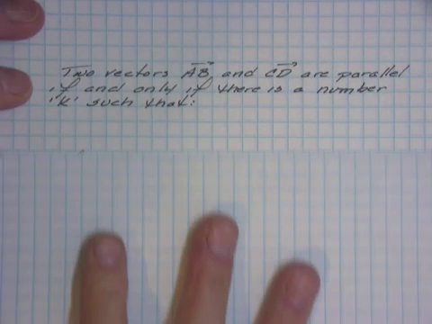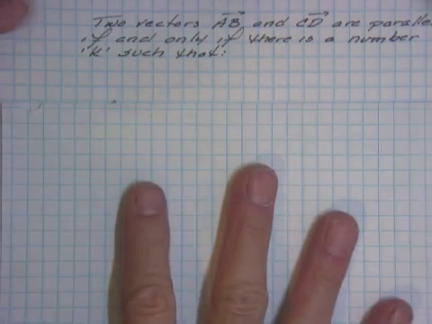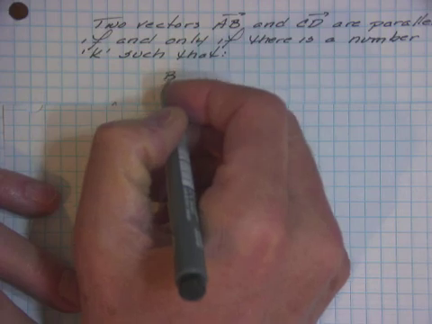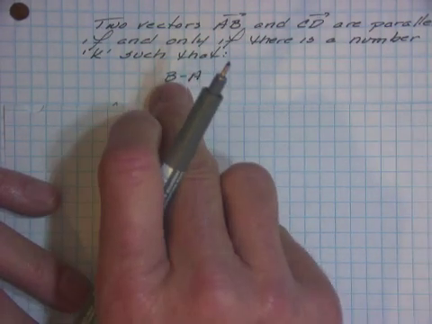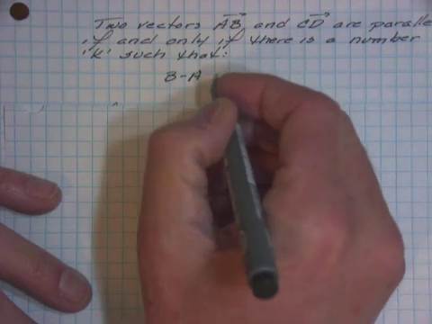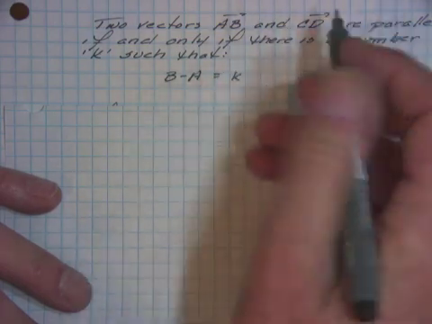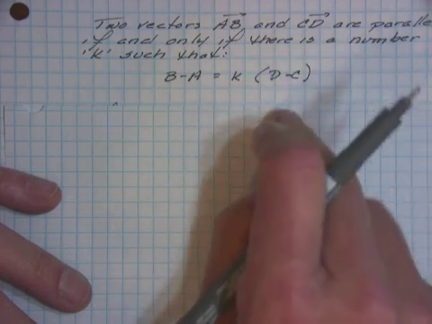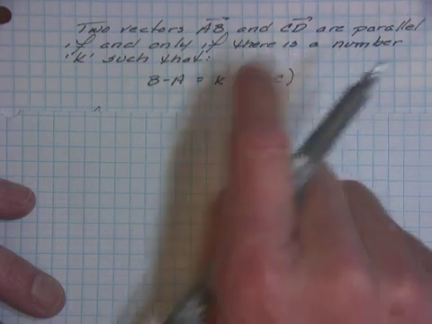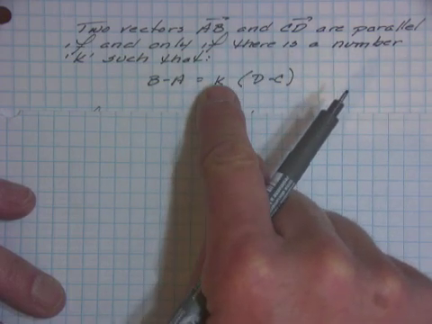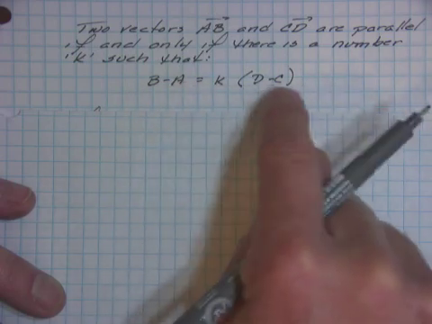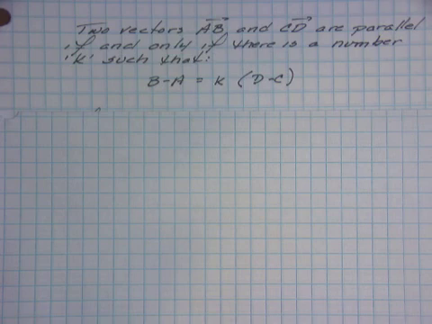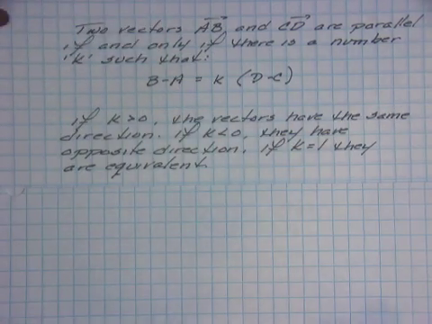Two vectors are parallel if there's a number K such that B minus A, so that's the head minus the tail of the first vector, is equal to K, some multiplier, of D minus C, that's the head minus the tail of the other vector. So, two vectors are parallel if and only if there's some number that makes these two things equal to each other. Okay? Let's take a look at one.